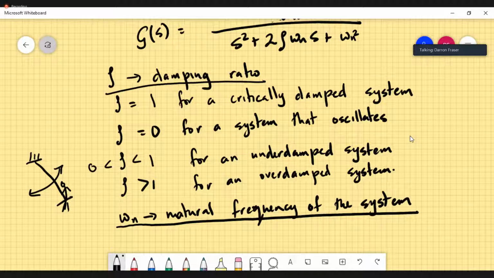Basically the length of the swing and where you are swinging. So every system has a natural frequency.